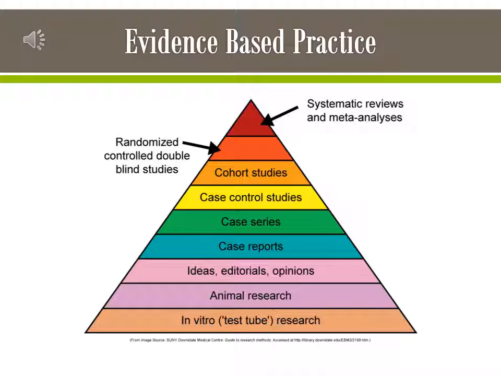This diagram outlines the types of research studies. Quantitative research studies are focused on testing of a hypothesis, and the results are usually reported by means of objective observation, such as numerical values. As a single study, randomized controlled double-blind studies are considered the gold standard of research studies.